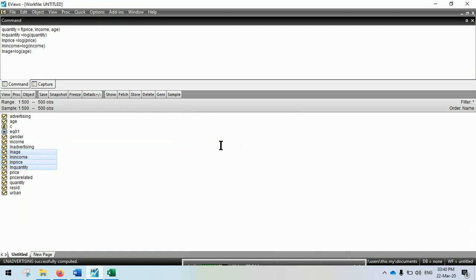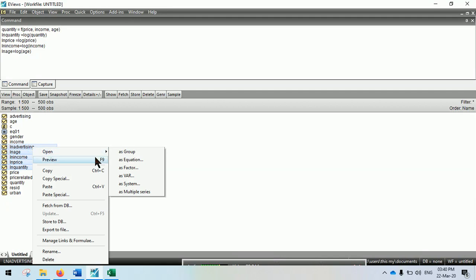And what we also omitted, I think urban is not needed now because it includes 0, so we don't need to do it. So here I include advertising.